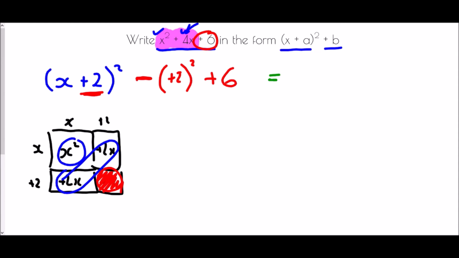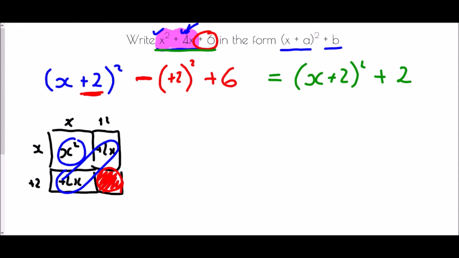So if I simplify what I have just written down, I've got x plus 2 squared. If I subtract 2 squared, I've got to take away 4, but then if I add 6, that will be plus 2. And let's just check, does that make x squared plus 4x plus 6?